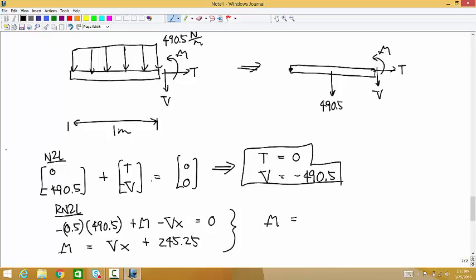So m along that red line is equal to negative 490.5 x. Well, I said x, but we know that x is equal to 1. So negative 490.5 plus 245.25 is equal to negative 245.25.